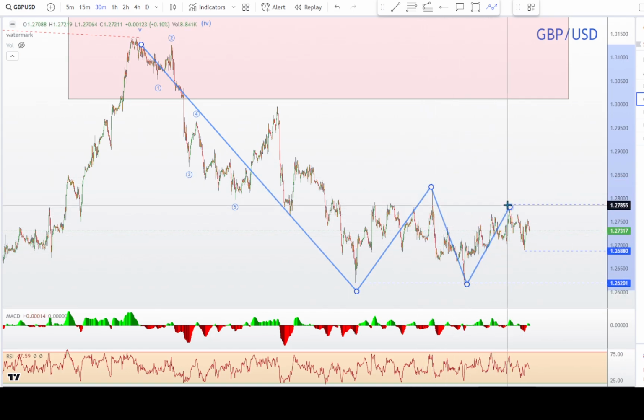So then that'd be 1, 2, 3. That would be 2, and then they're going to come down for 3.